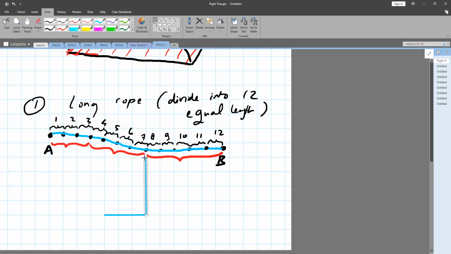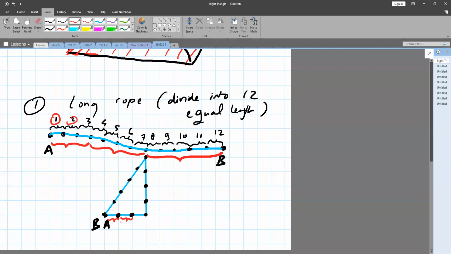And then the last one is 5. So basically, this is where A and B will meet. And in between, you have 12 sections, remember?